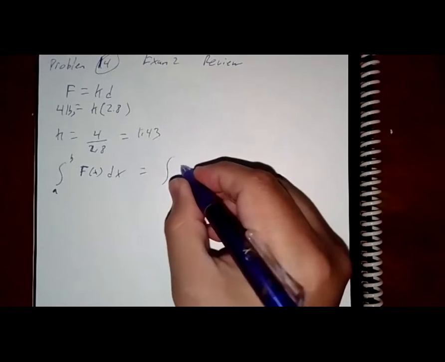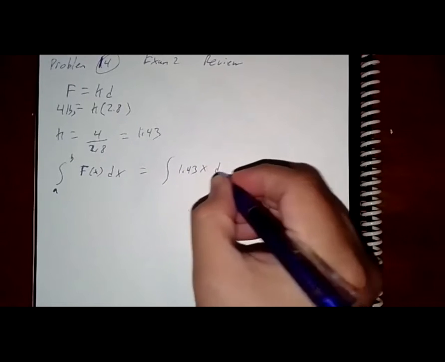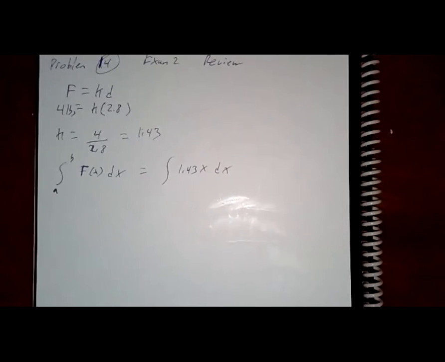So we're gonna integrate 1.43x dx. That for sure is right. We're extending it, how far are we extending it? Uh, 13.3. 13.3, yeah. So the distance would be how much?